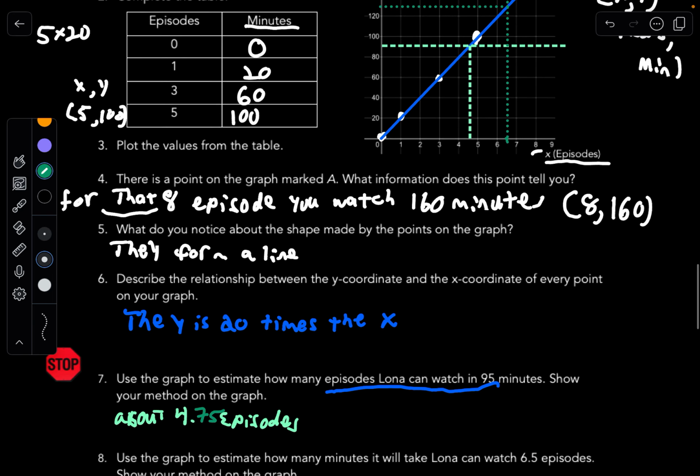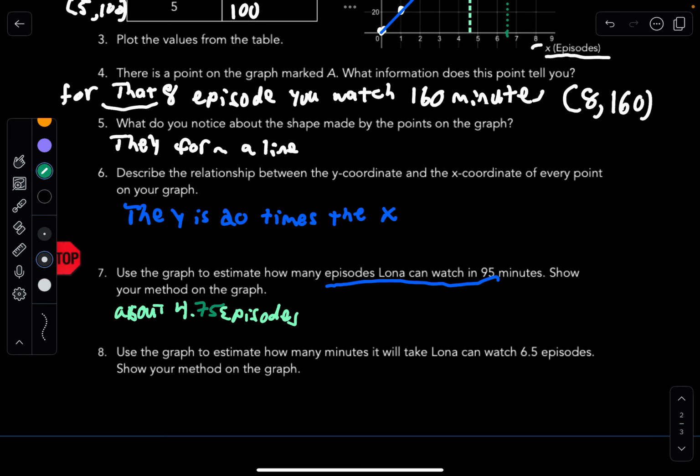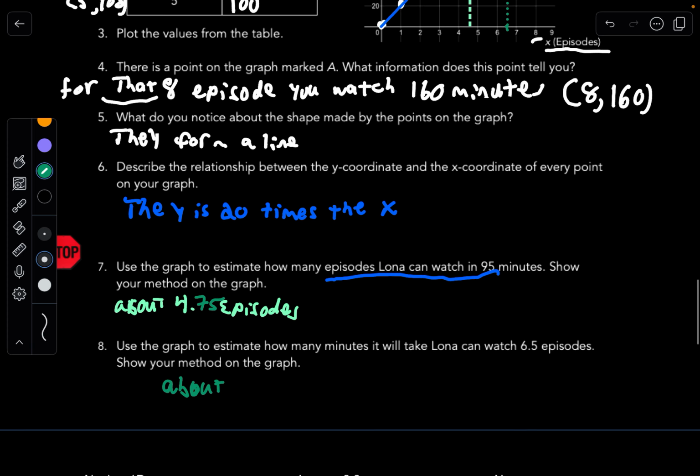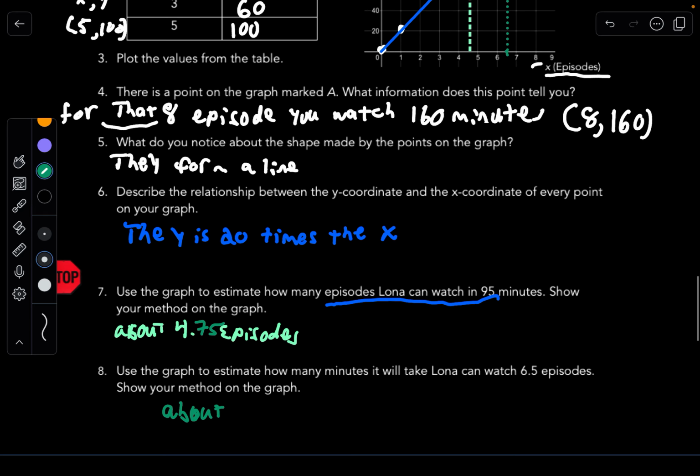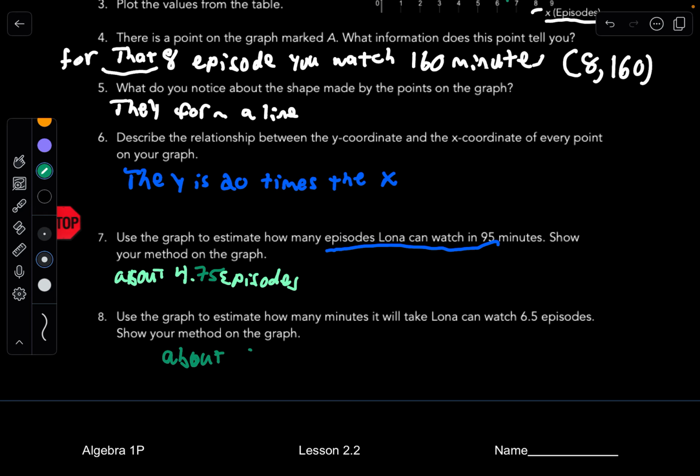You would have to estimate. And these are estimates because we're going off a hand-drawn graph. If we had technology, a graphing calculator, we could get a more precise answer. I just lost my train of thought. What was it, about 90 or 130 minutes, sorry.